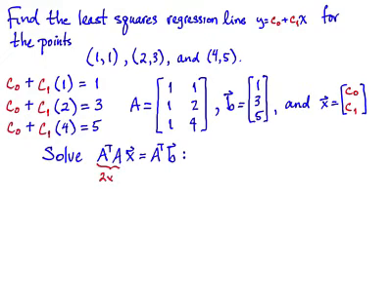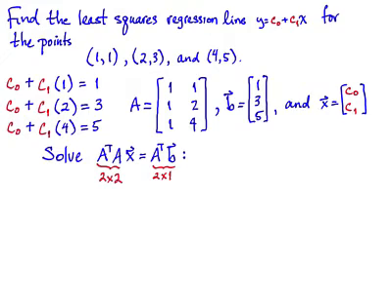So that's a 2 by 2. X is a 2 by 1. And A transpose B is a 2 by 1 because A transpose is 2 by 3, and we're multiplying it by a 3 by 1, so we get a 2 by 1. So we're checking in advance what kind of a system we're going to get.